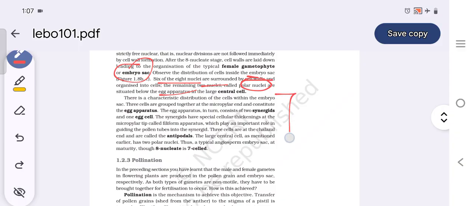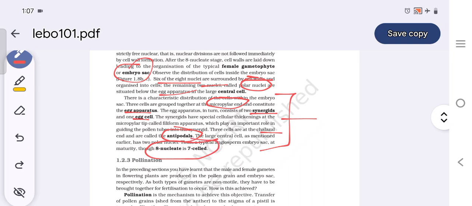So the arrangement of cells is this. The egg apparatus has two synergids and one egg cell. Which end has the egg apparatus? It is the micropylar end. Then you have the antipodals towards the chalazal end, and this is called the 8 nucleate stage.